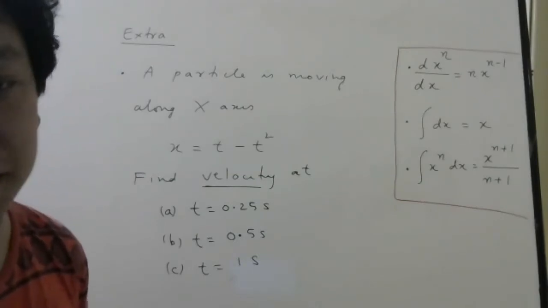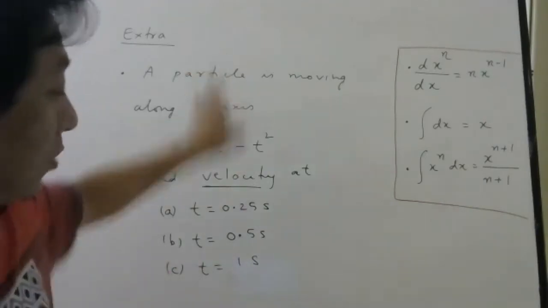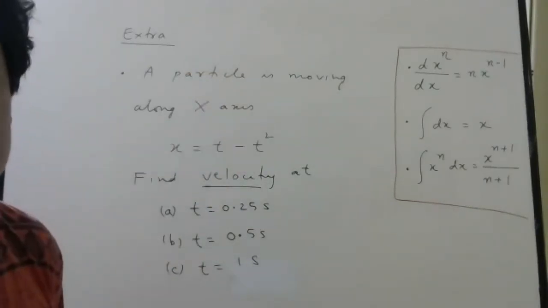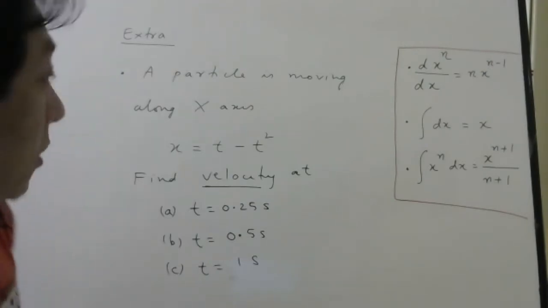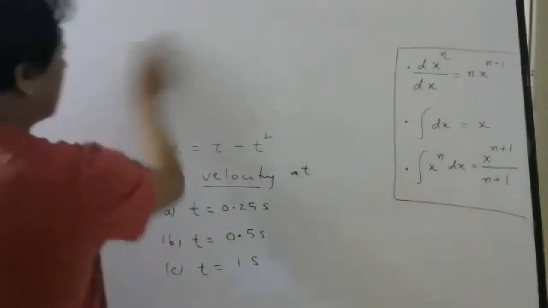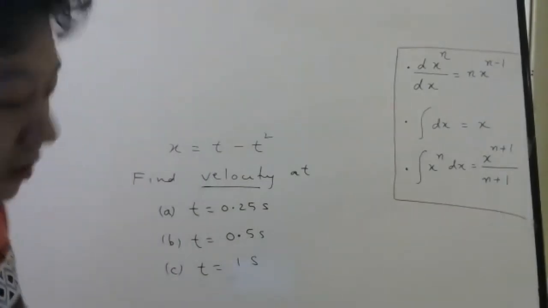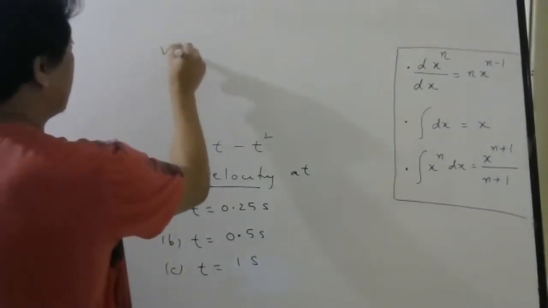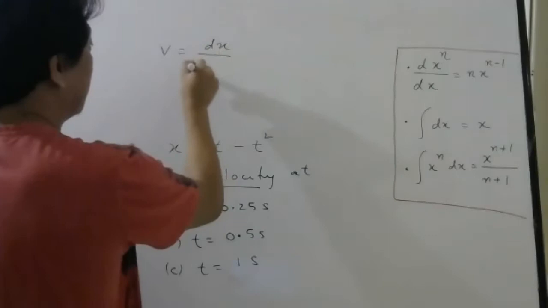Okay. Already I have discussed the question with all of you. So what is the formula for calculating instantaneous velocity? Instantaneous velocity should be written as dx by dt.